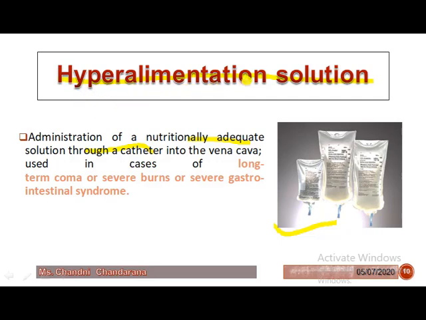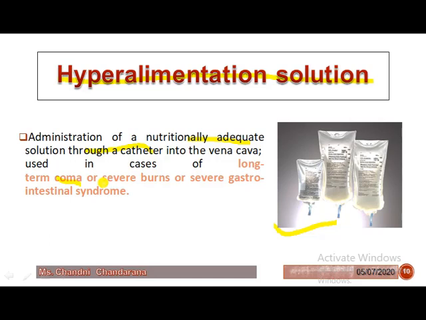In cases of long-term coma, when situations are very severe, at that time we require this kind of solution, when the patients are not able to take drugs or any medicament directly, and in emergency conditions we require this solution.